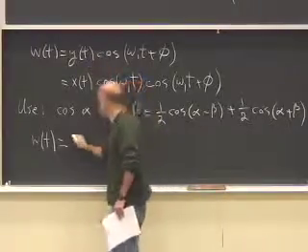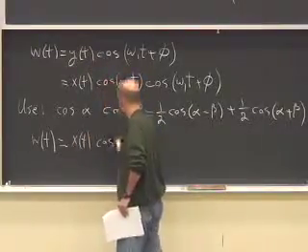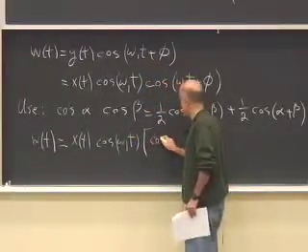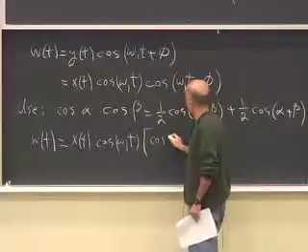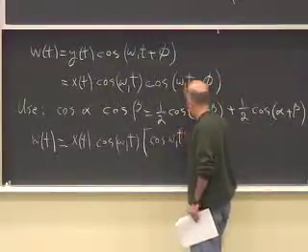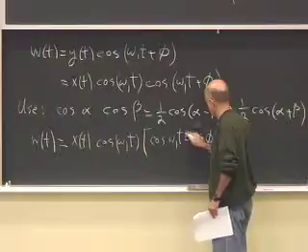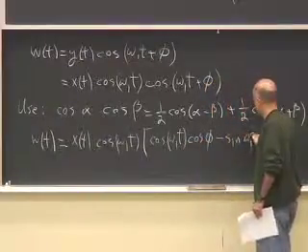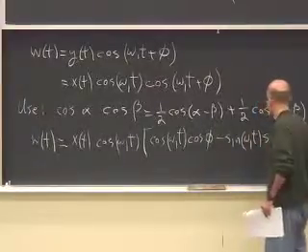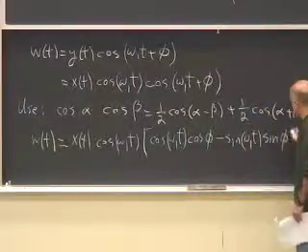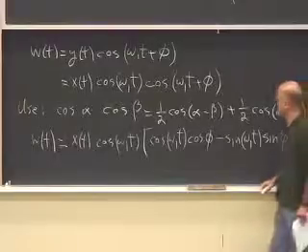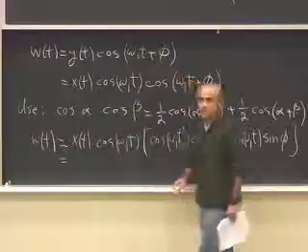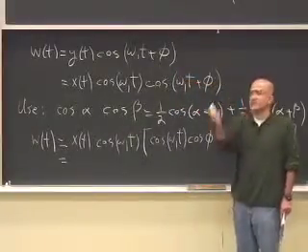From the second stage. So we have x of t cosine omega 1t times, okay. See, the reason they're talking is that you're not loud enough.